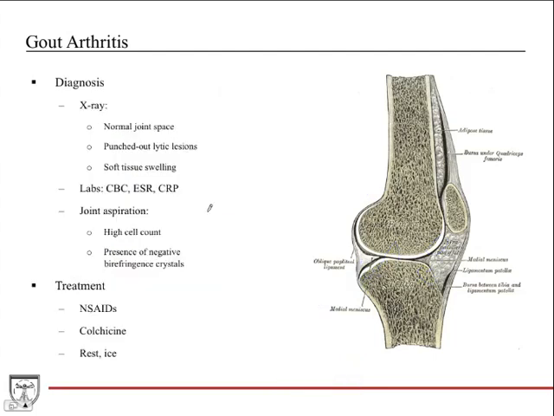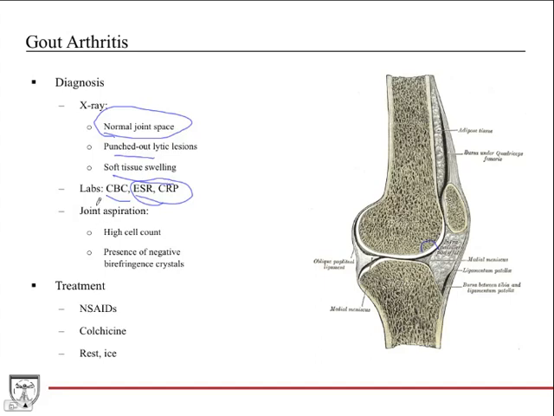And so the way these will be diagnosed is they'll do an x-ray. They'll have normal joint space because their cartilage is still intact. They may have some punched out lesions, like this within the knee, may have some soft tissue swelling, but x-ray is not going to be your main diagnostic tool here. Labs, you'll get a CBC, some inflammatory markers, may see an elevated white count because there's a lot of inflammation going on.